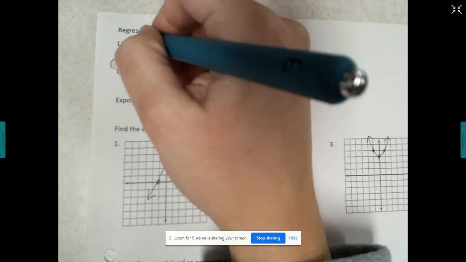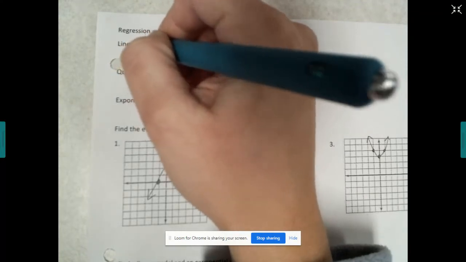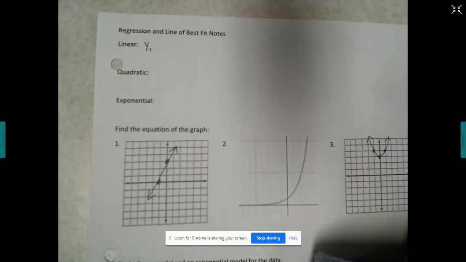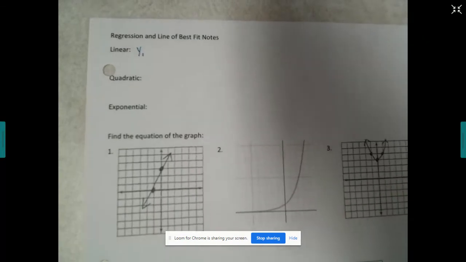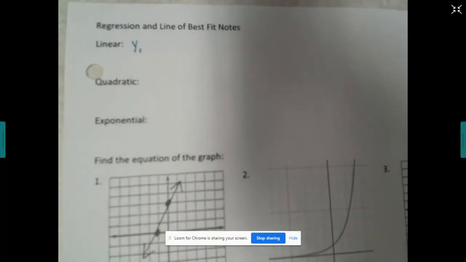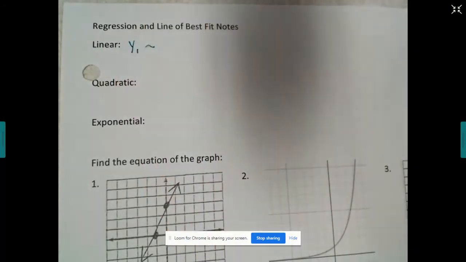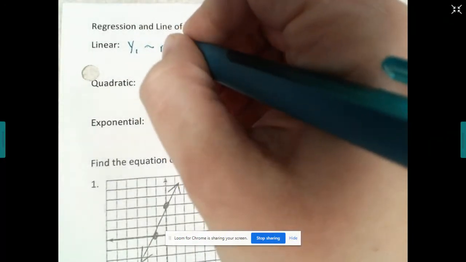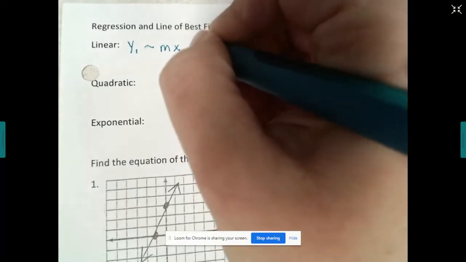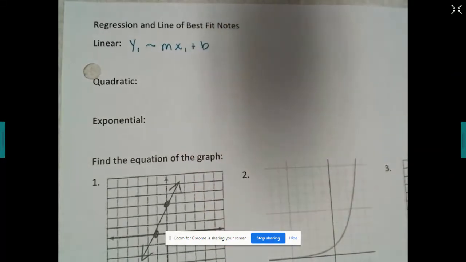And the regression model that you're going to type in Desmos is y with a little tiny 1. When you type y1 into Desmos, it will automatically make it a little subscript 1. And then you do this little squiggly, and then it's m x1 plus b.